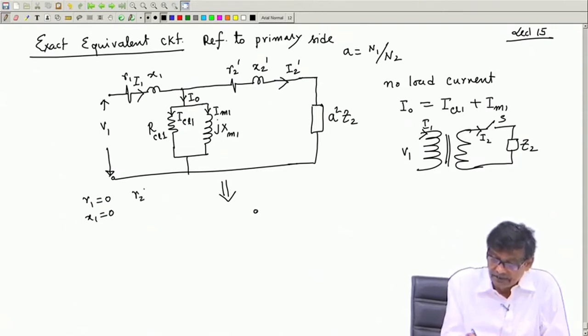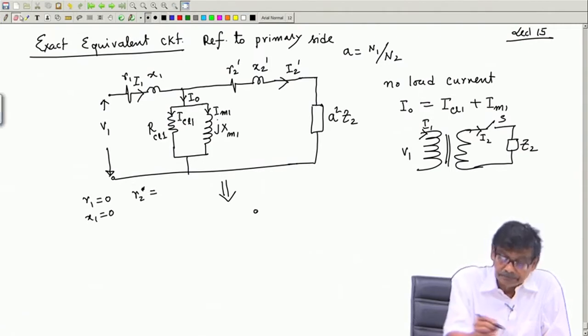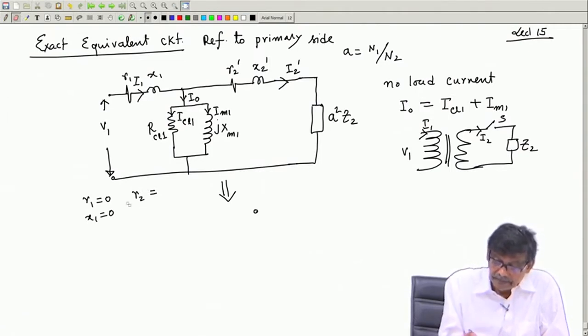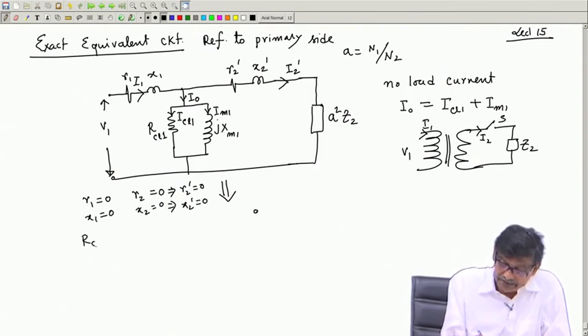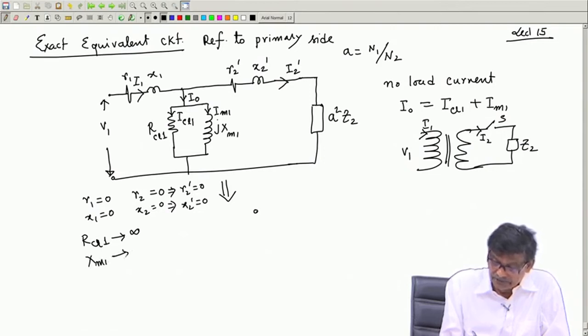Similarly, secondary coil resistance is 0, R2 is 0, X2 is 0, which implies R2 dashed is 0, X2 dashed is 0, and RCL1, the core loss resistance, going to infinity, XM1 going to infinity.